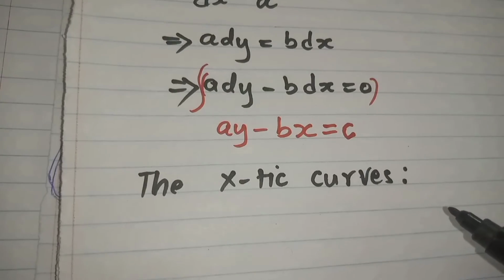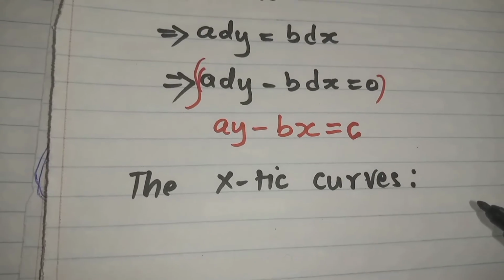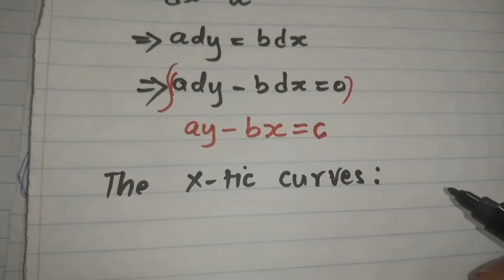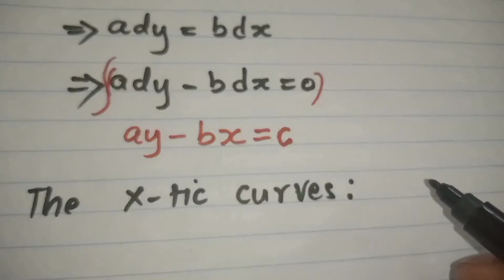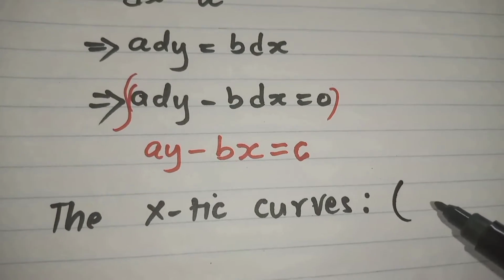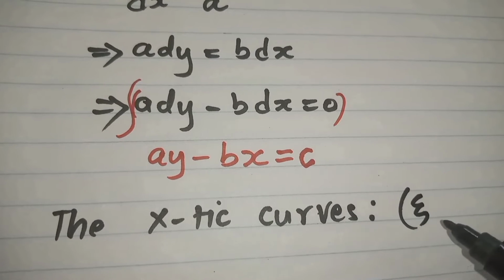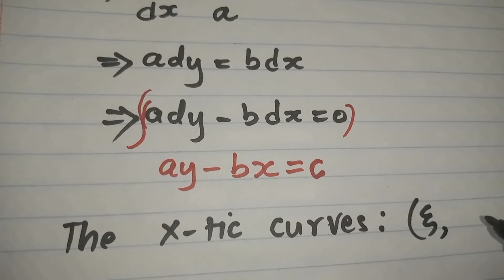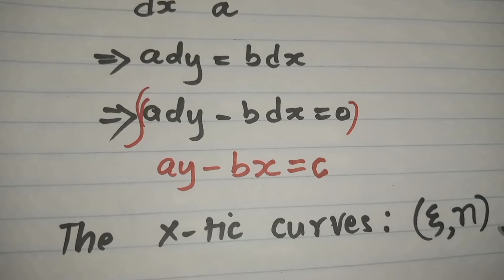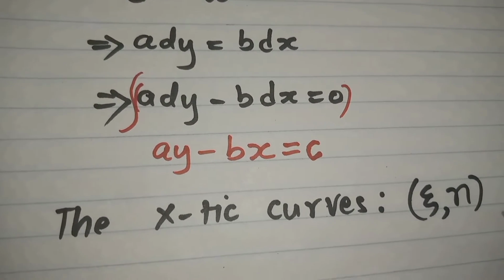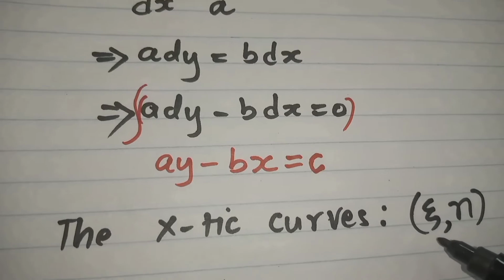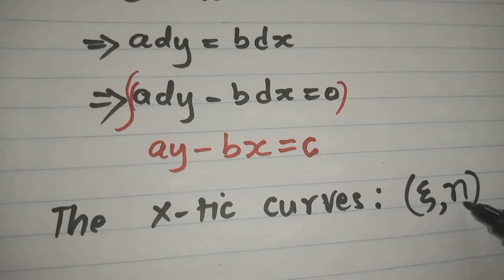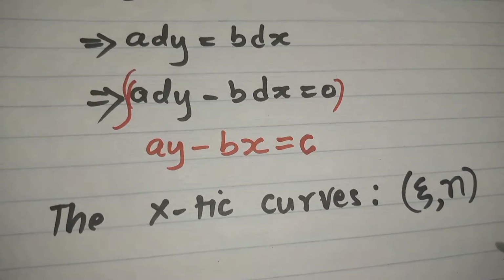And so now in the characteristic curves, we are going to introduce new variables. We shall be calling one xi, and the other variable we shall be calling nu. So this one shall be our xi, and this one shall be our nu, the two new variables.